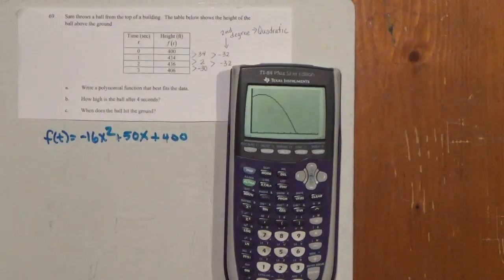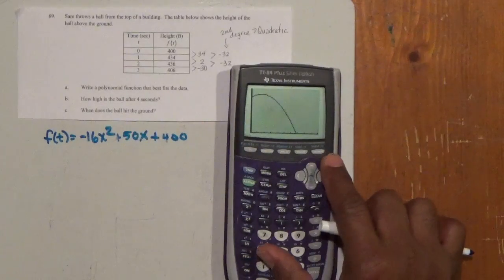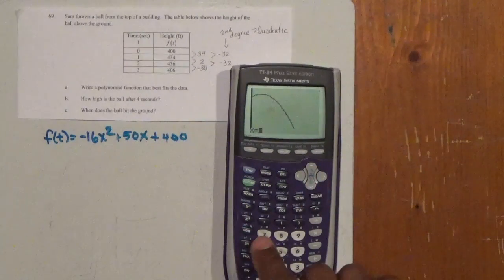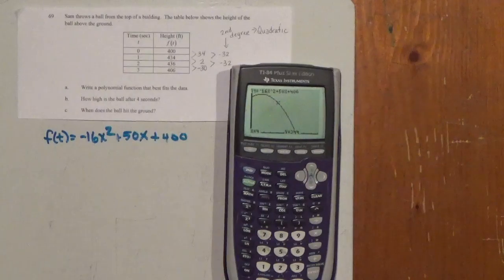So there's your projectile, something that was thrown, and we want to find out how high it is after 4 seconds. We can either go to table or we can go second calc, value, type in 4 seconds, and hit enter.